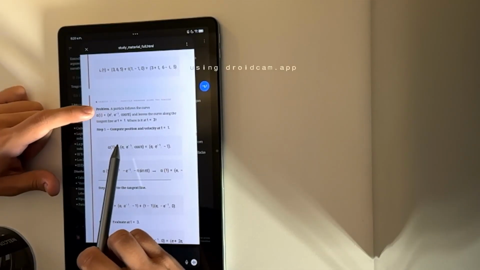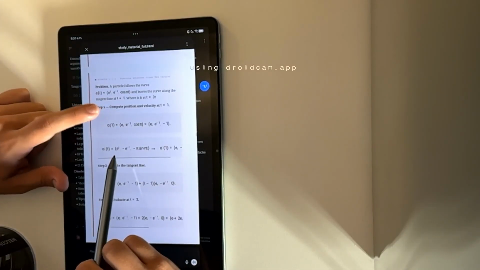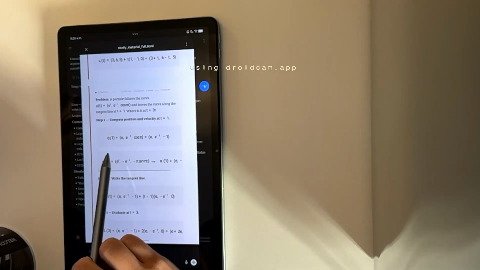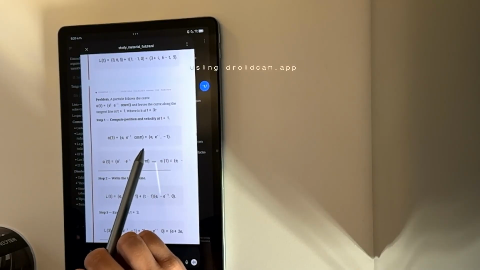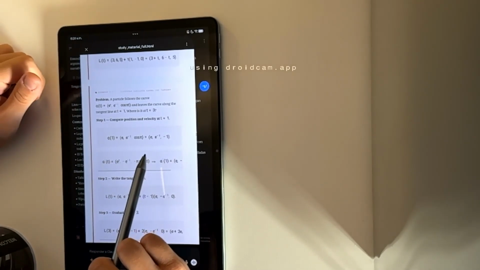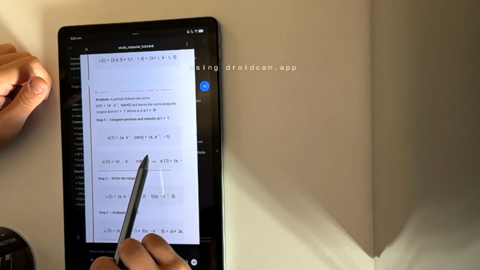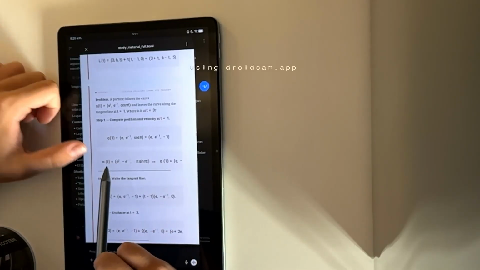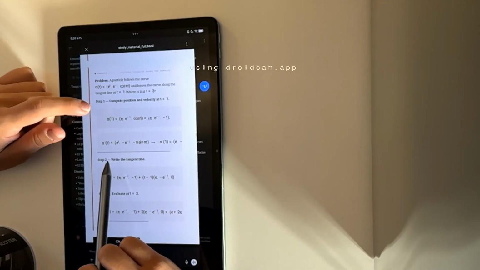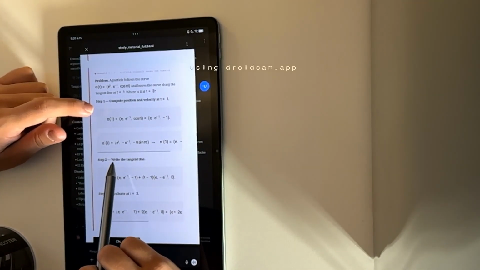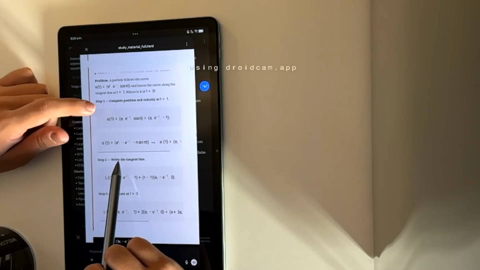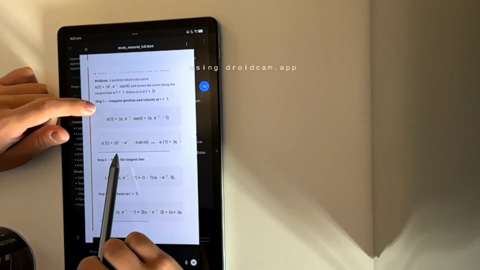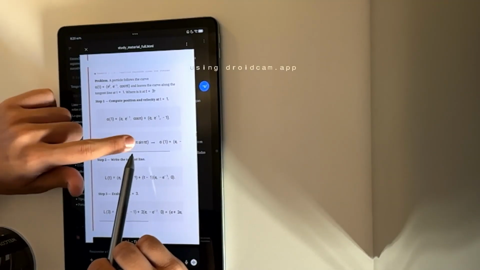Step 1. Compute position and velocity at t equals 1.